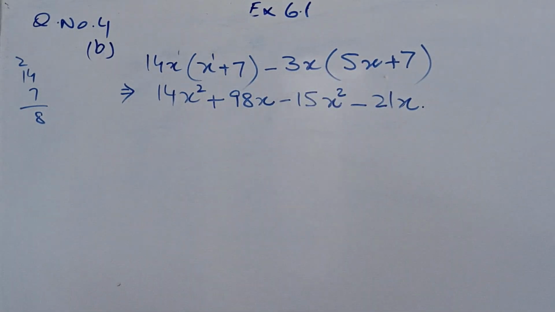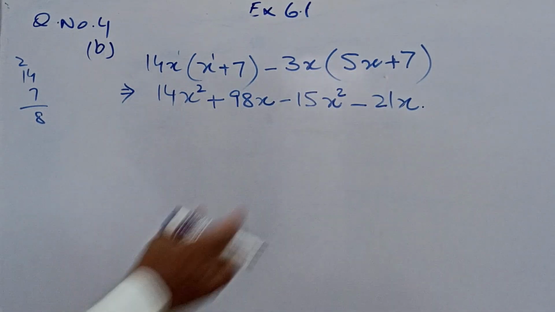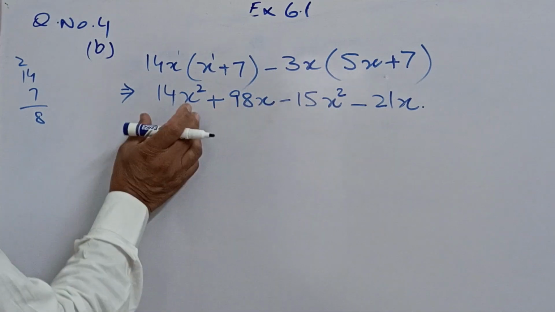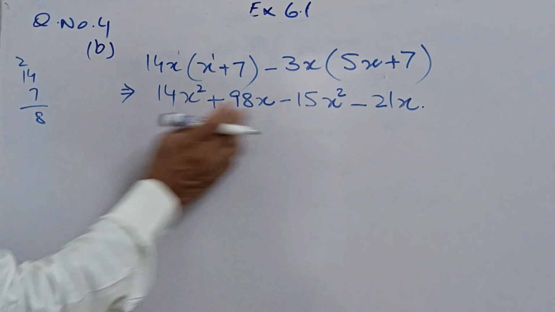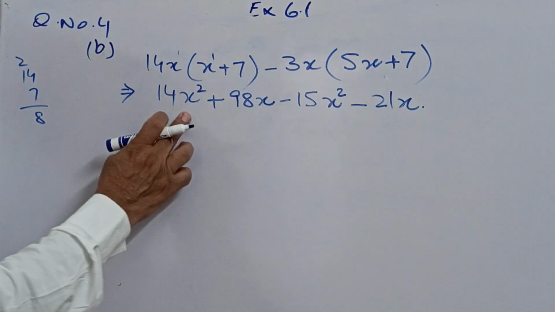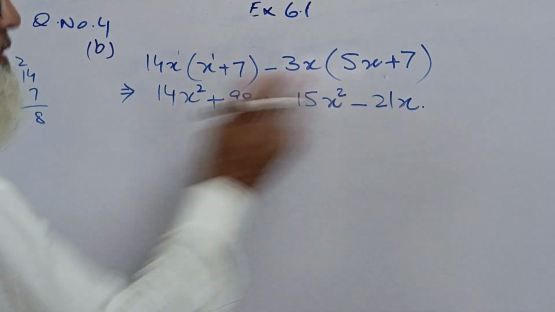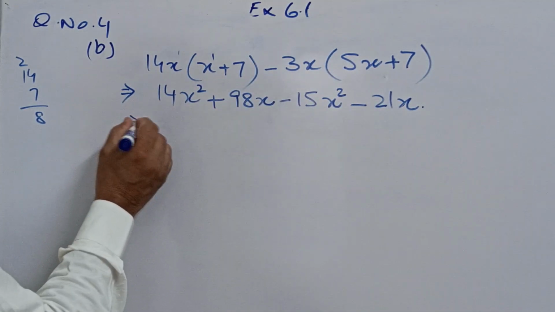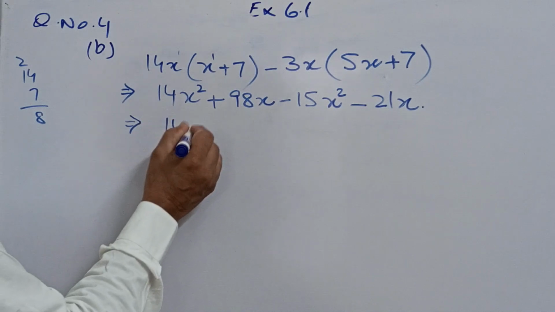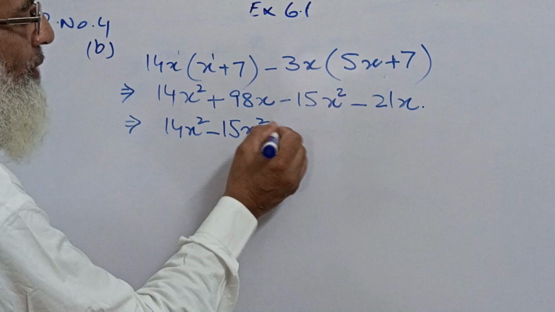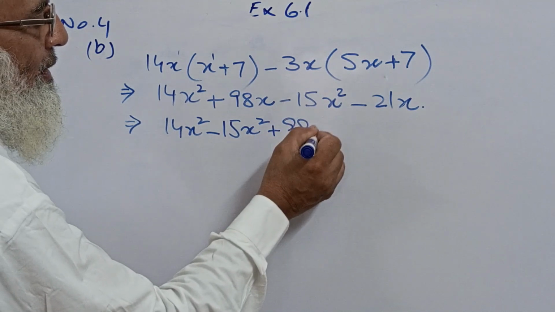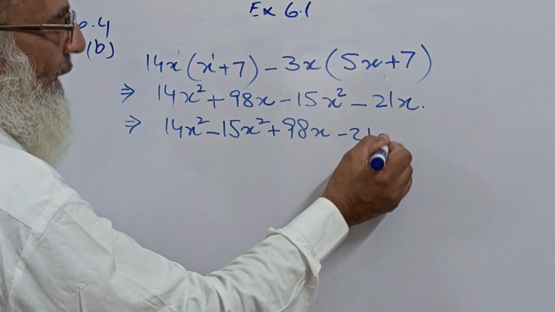Okay, just bring this value near to this value because both are the same quantities, and then these with this. Now it will become 14x square minus 15x square plus 98x minus 21x.